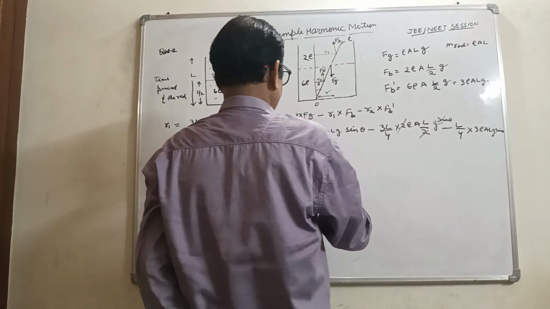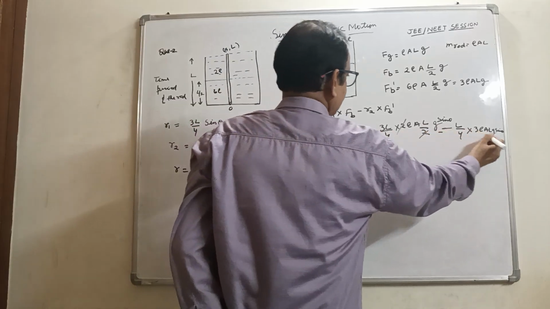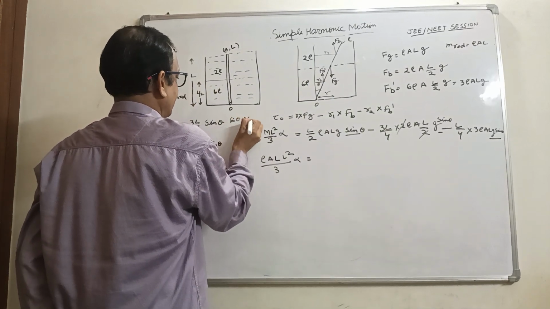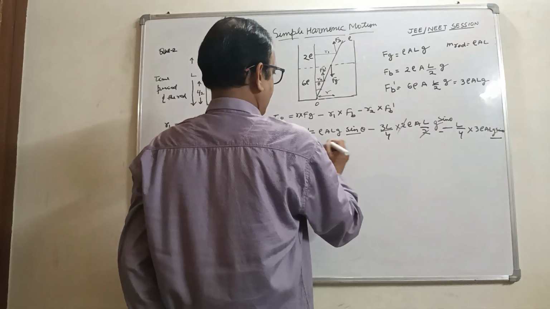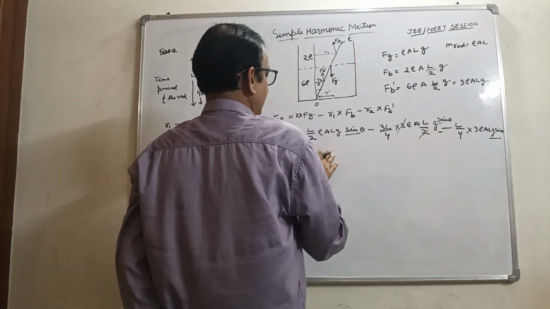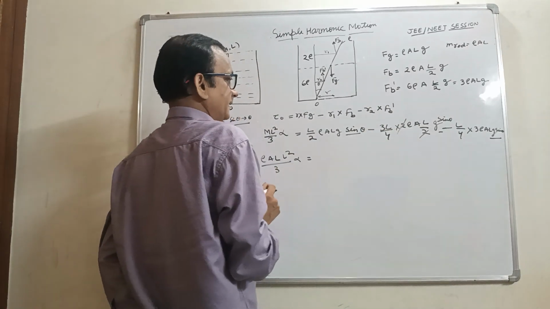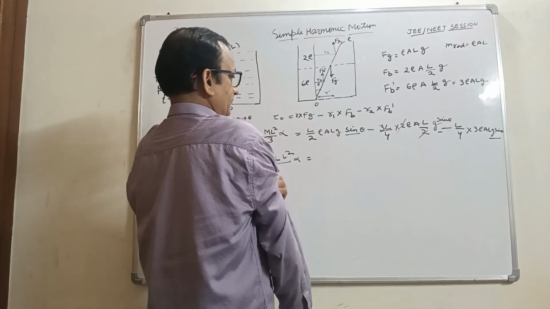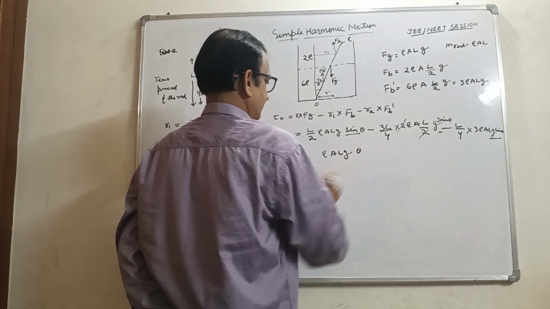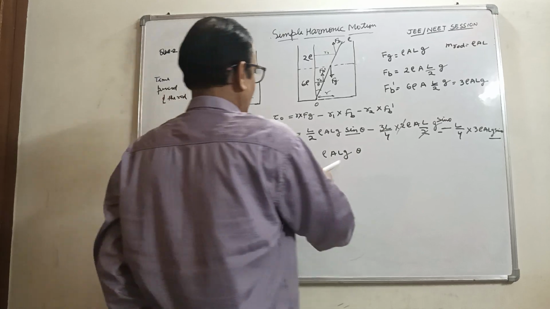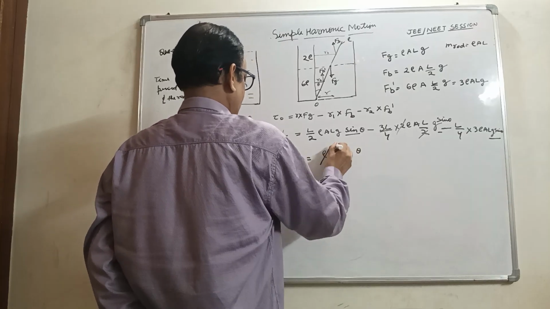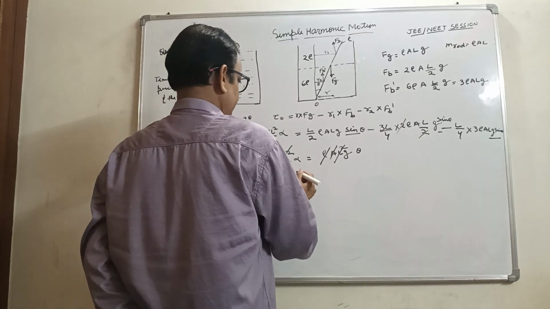On solving this, for a small angle theta, sin theta is equal to theta. Combining the terms, L by 2, 3L by 4 and 3L by 4 give 3L by 2 with signs, which means L. So this becomes rho A L g into theta, and rho A cancels out, leaving L square.